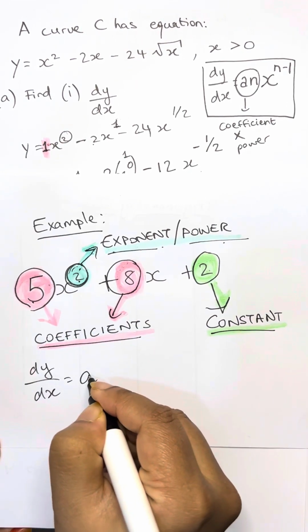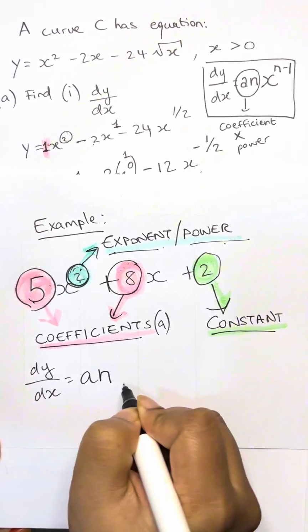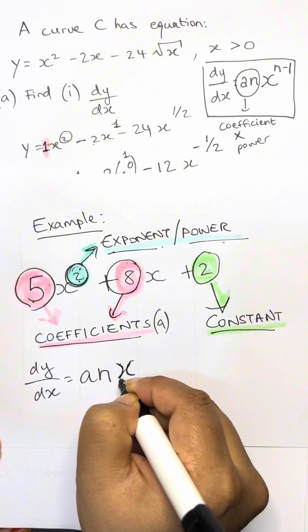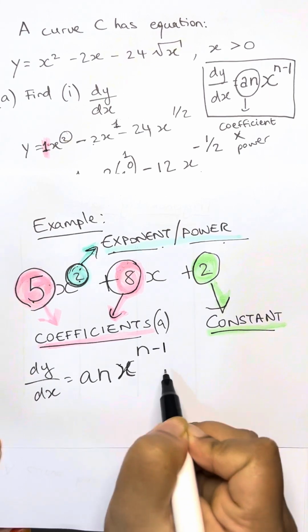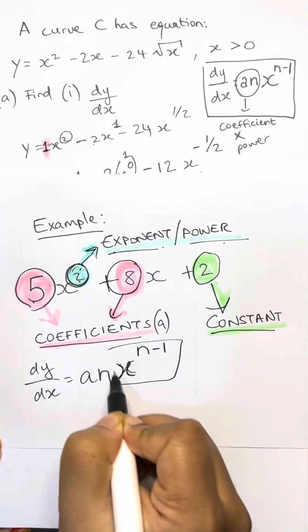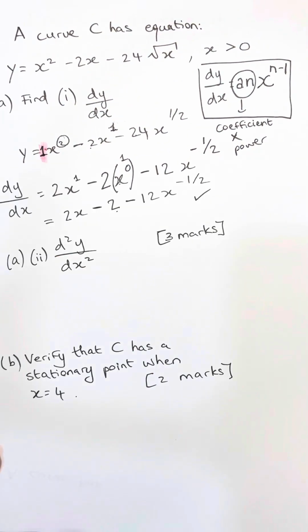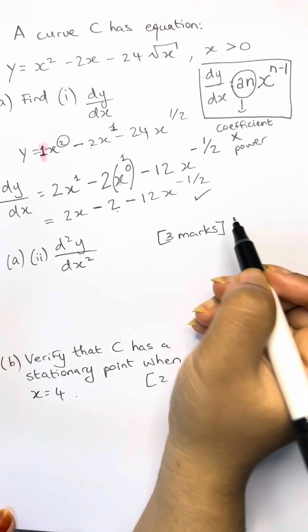That's what the a is, the coefficient, multiplied with the power. That's the first step. And then the second step is, what to do with this x value? The power is always going to be taken away by 1. That's the second step, and that's how you end up with this.